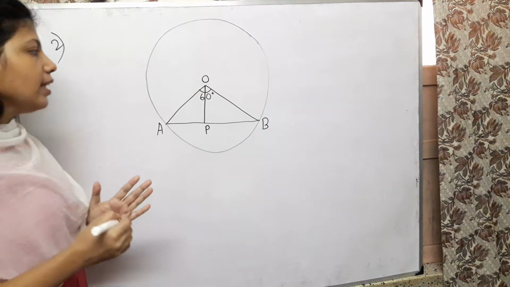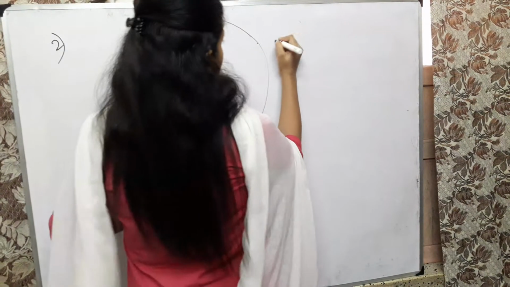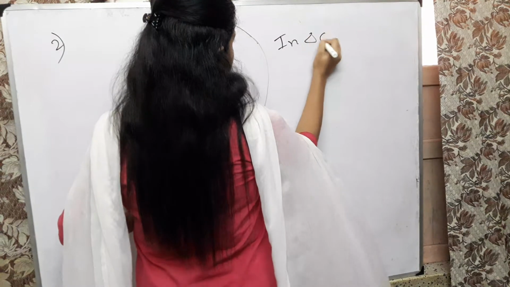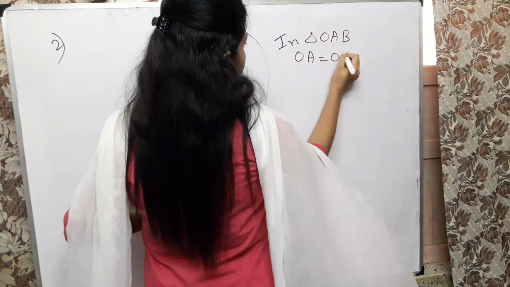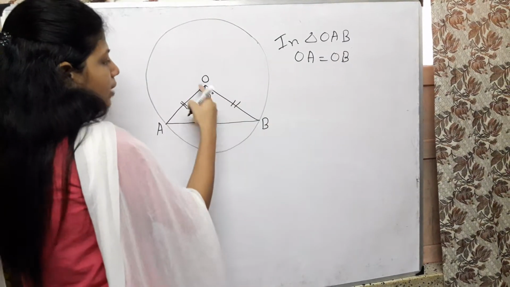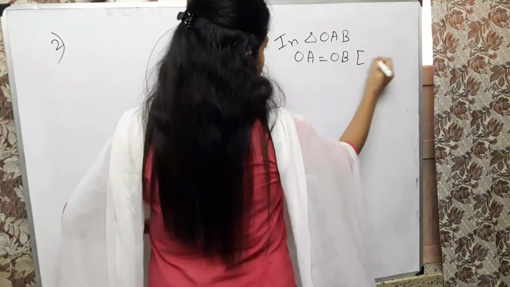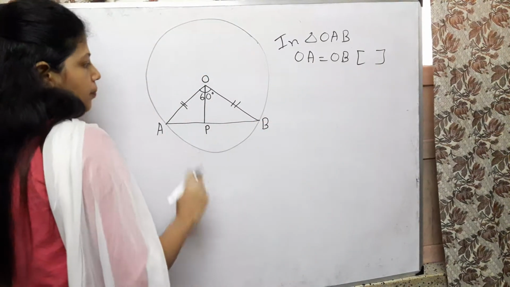First I have to think that OA equals OB. In triangle OAB, OA equals OB because both are the radii of the same circle. You will write it here. Both are the radii of the same circle.